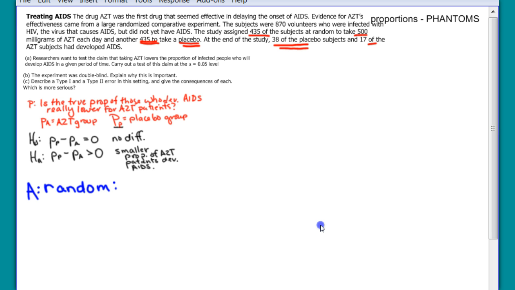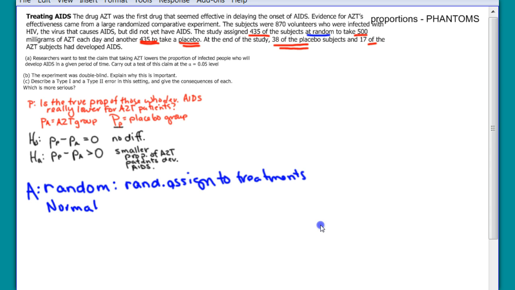It says they assigned them at random. So we'll say random assignment to treatments. There we go.